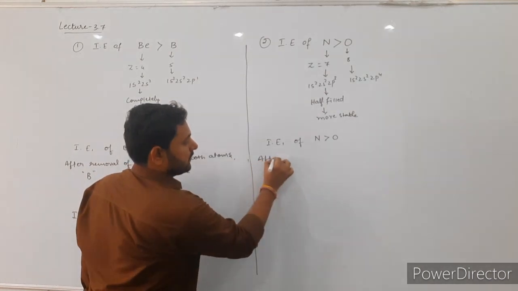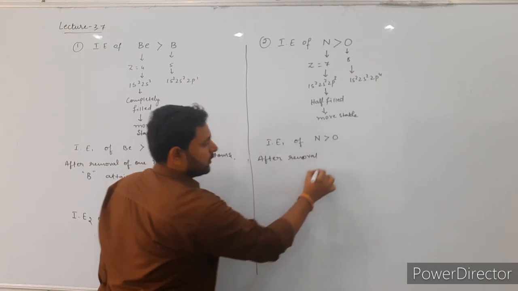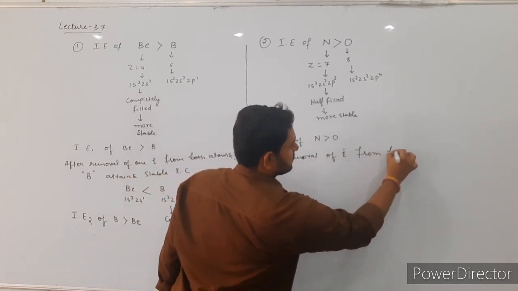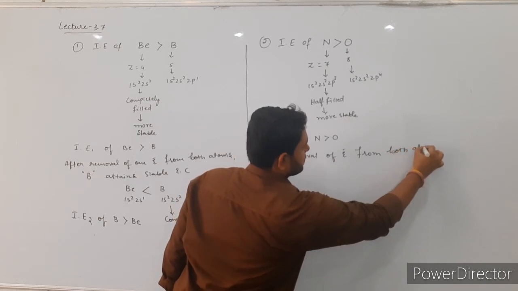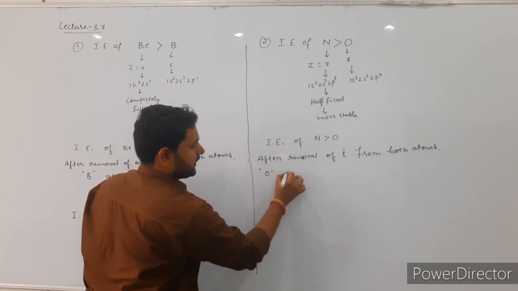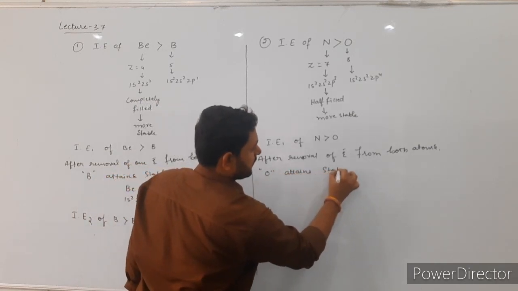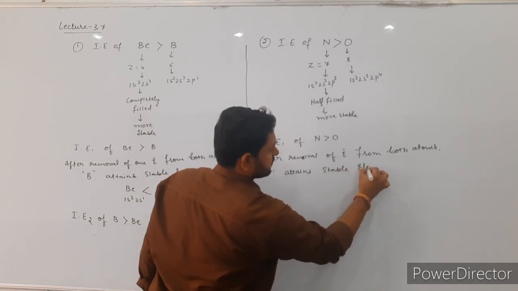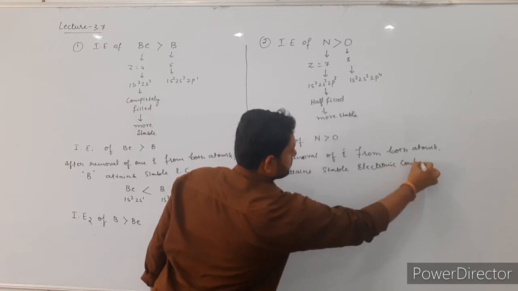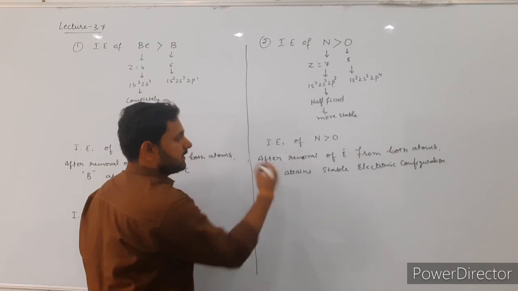After removal of an electron from both atoms, oxygen attains stable electronic configuration. That's why the second ionization energy of oxygen is greater than nitrogen.